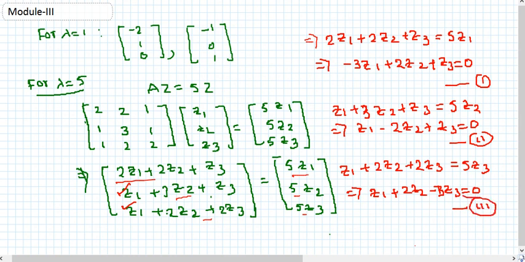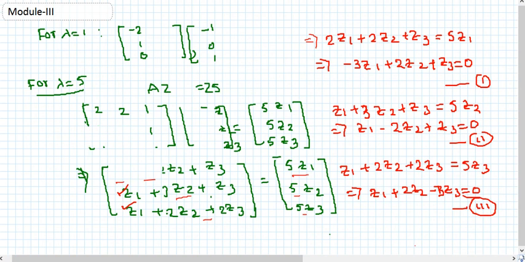So we get three different equations. From 1 and 2 we're going to find the values of Z1, Z2, Z3, then put those values in 3 and check what happens.